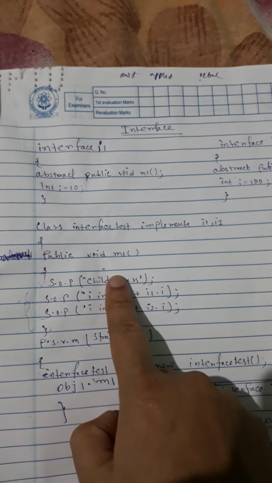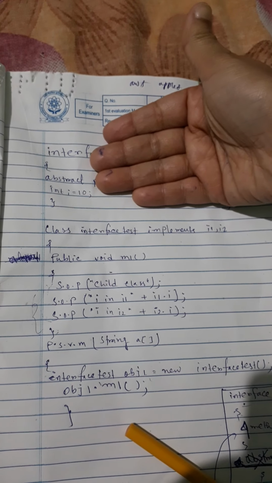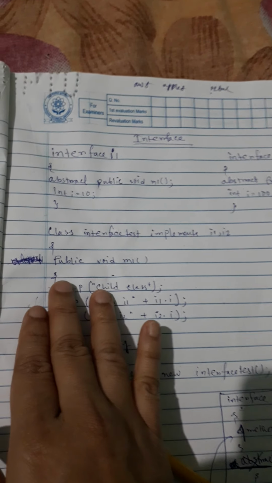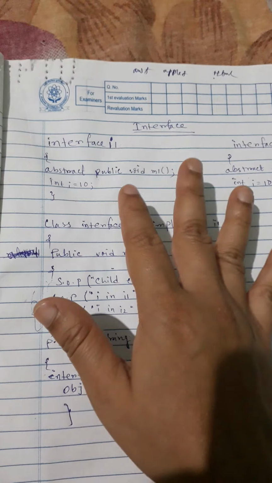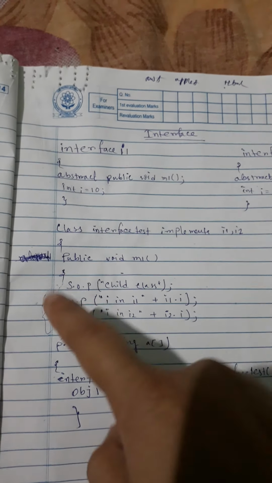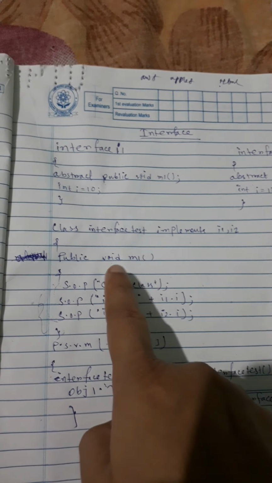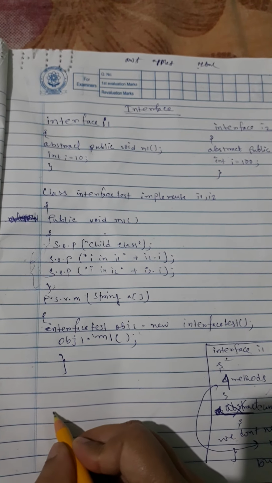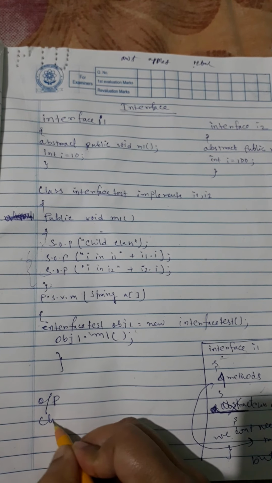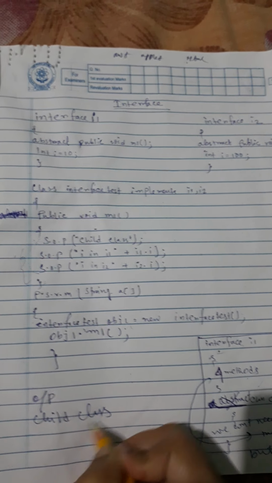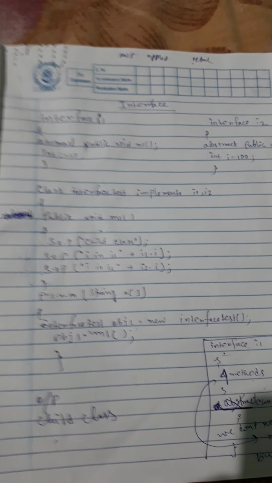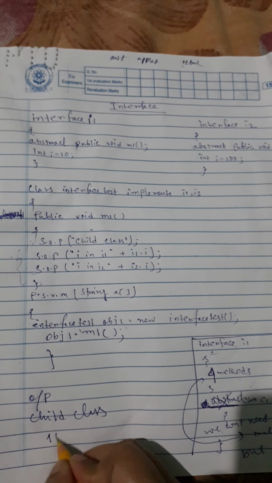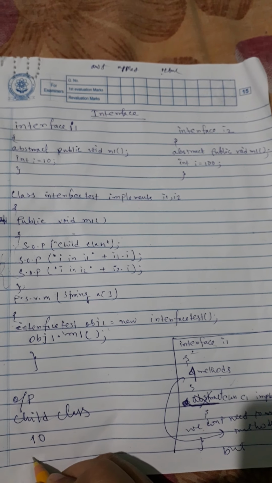Simply, the child class will override the parent class method with its own method body definition. So the output will be Child class, then i1.i means 10, then i2.i is 100.